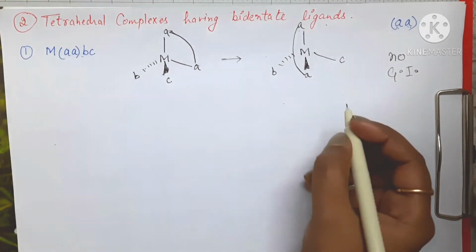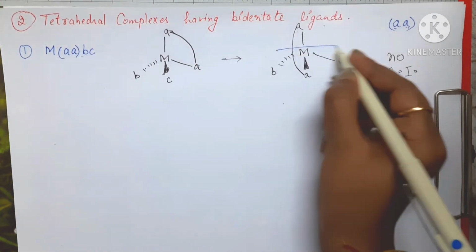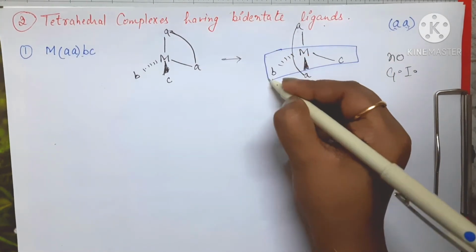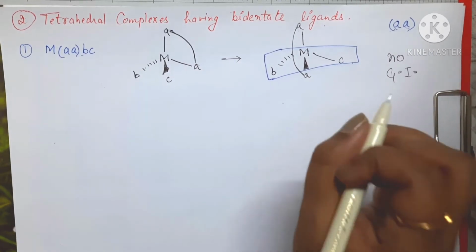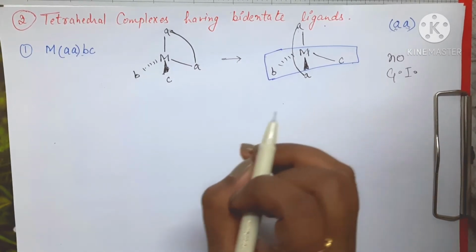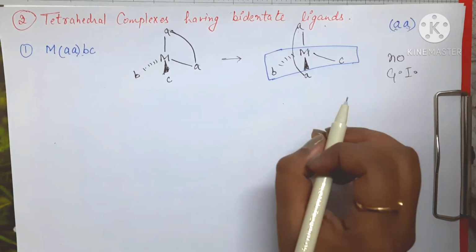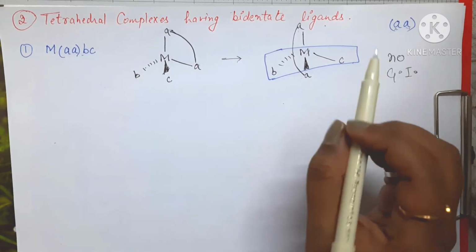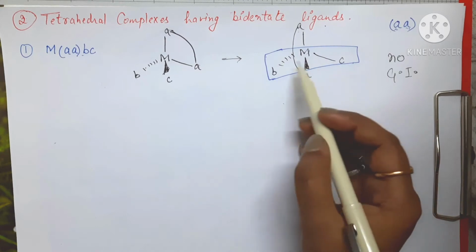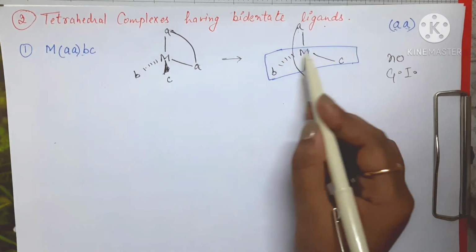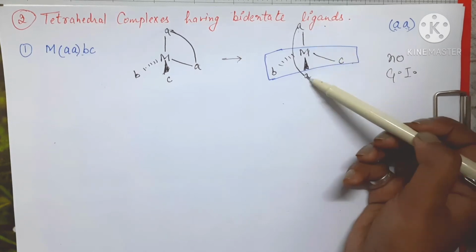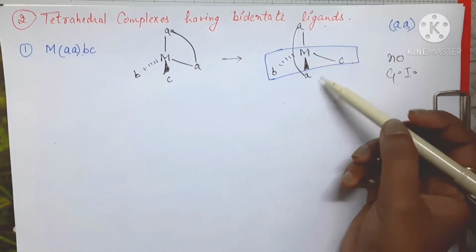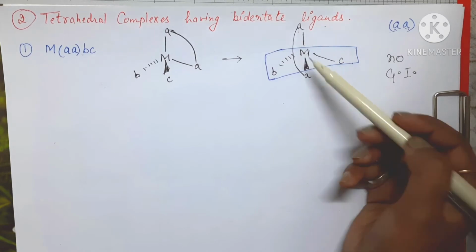So you can pass a plane from M, B and C. To look for a plane of symmetry, you don't have to pass the plane through the similar type of ligands. You have to pass the plane through different ligands and see whether the other ligands through which the plane is not passing are reflecting each other or not. So here they will be reflecting each other, right?